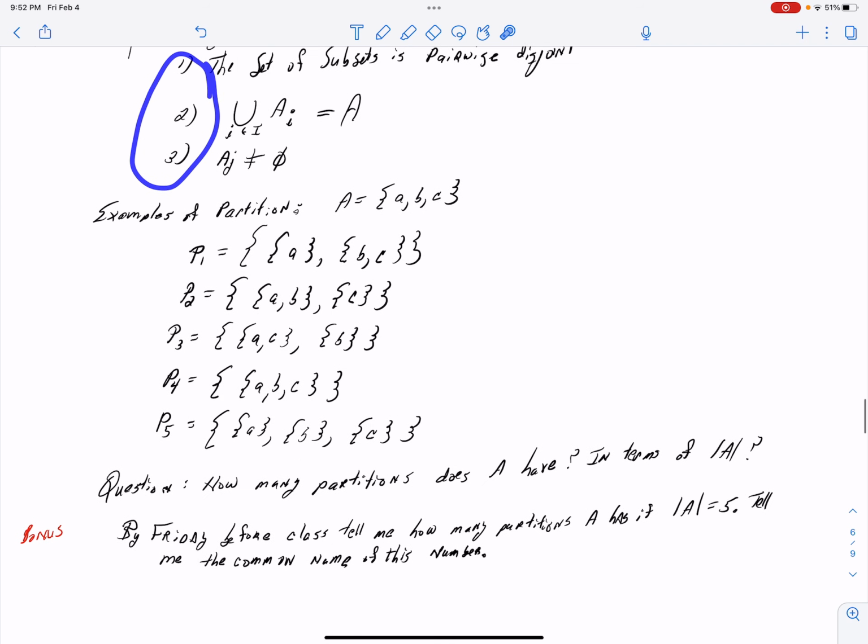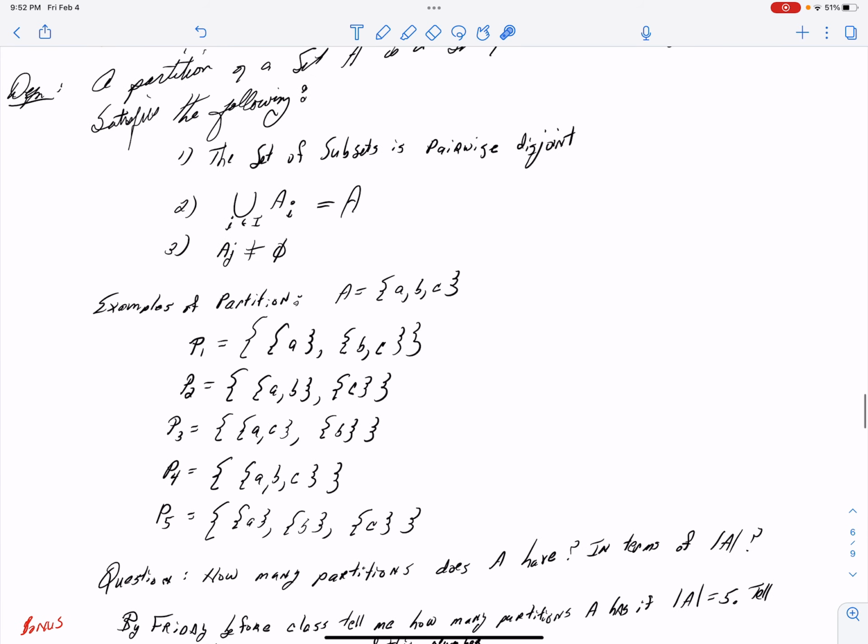So let's partition a set up. Let's suppose A is the set {a, b, c}. What would a partition of A look like? Well, there's lots of partitions of A. So you just don't have one.